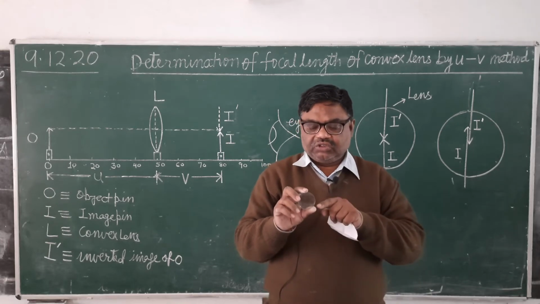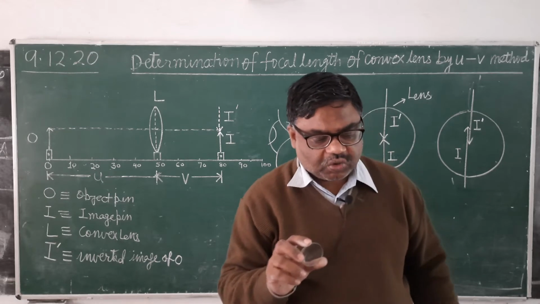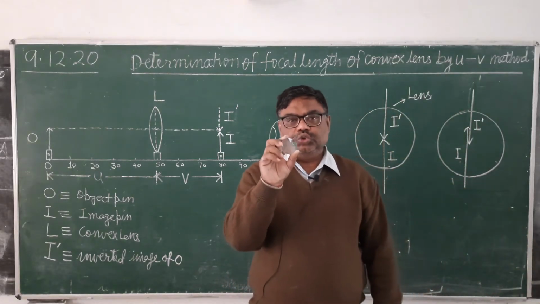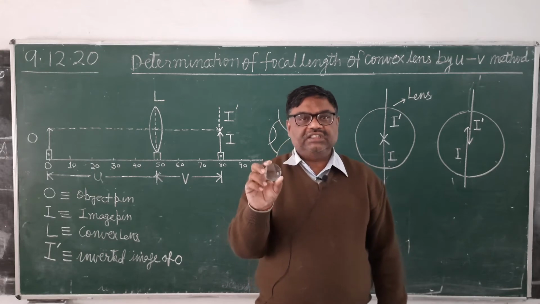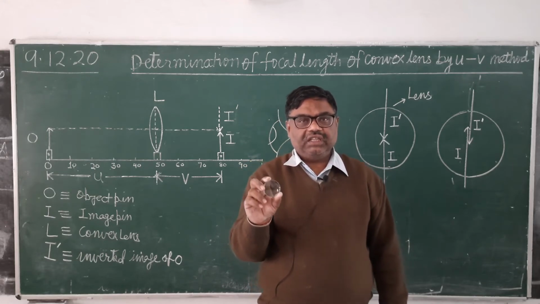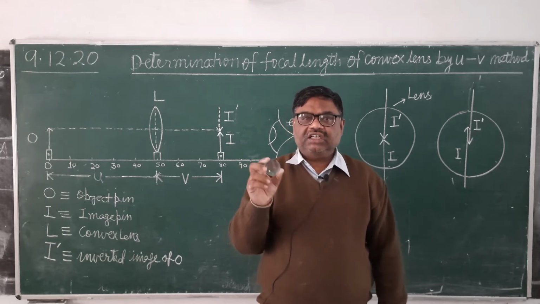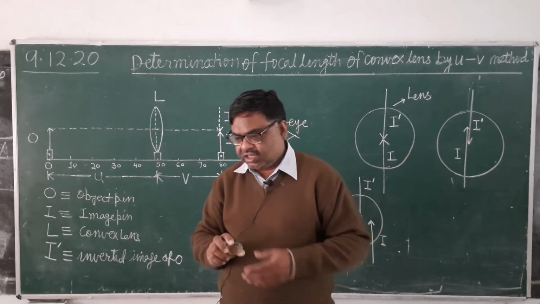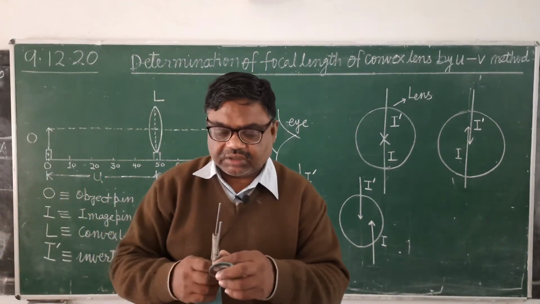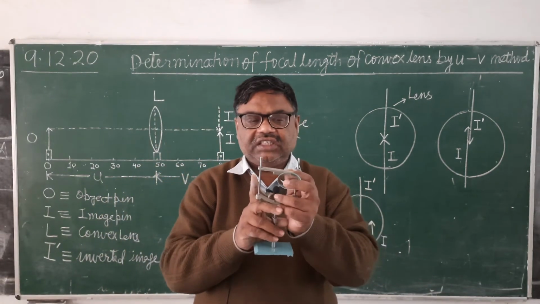So this is a convex lens, and we usually use lenses of 10 centimeter focal length, 15 centimeter focal length and 20 centimeter focal length. It's clear? Largely it is 10 and 15 centimeter, but sometimes 20 centimeter focal length is also used. So you will fix the lens here in the middle.